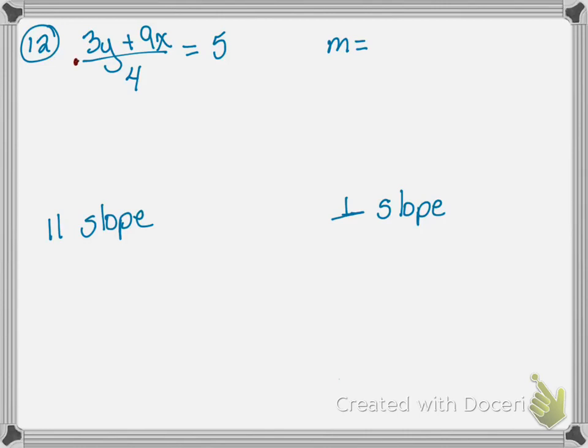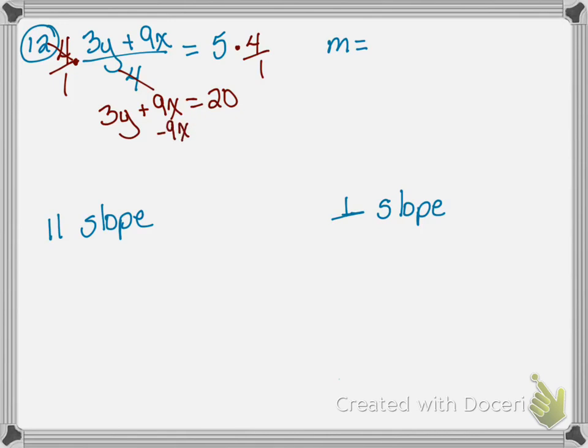So the first thing that I'm going to do here is multiply by 4 over 1. Okay, so I'm multiplying by 4 over 1. So now I'm left with 3y plus 9x equals 20. And hopefully that looks a little bit more manageable for you. Now this is in standard form, so we're going to go ahead and solve for y.